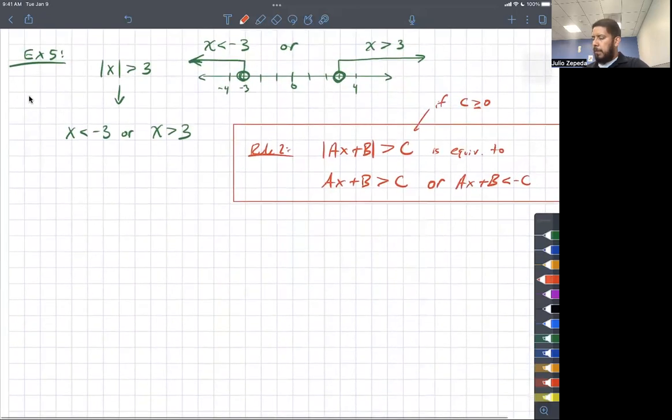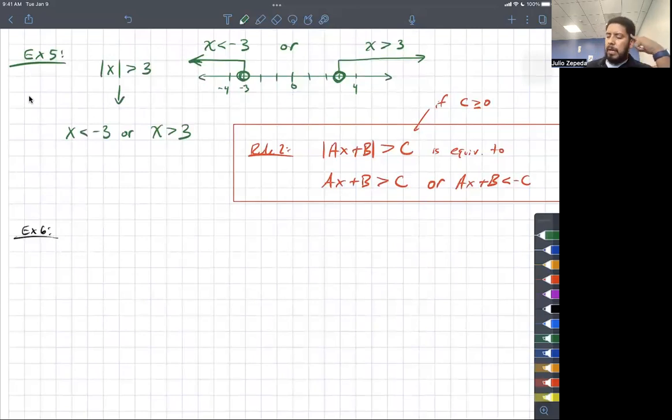Very good. Let's take a look at example number 6. Oh, and actually, before I do that, we've written our inequalities. We could also write this solution set in interval notation.